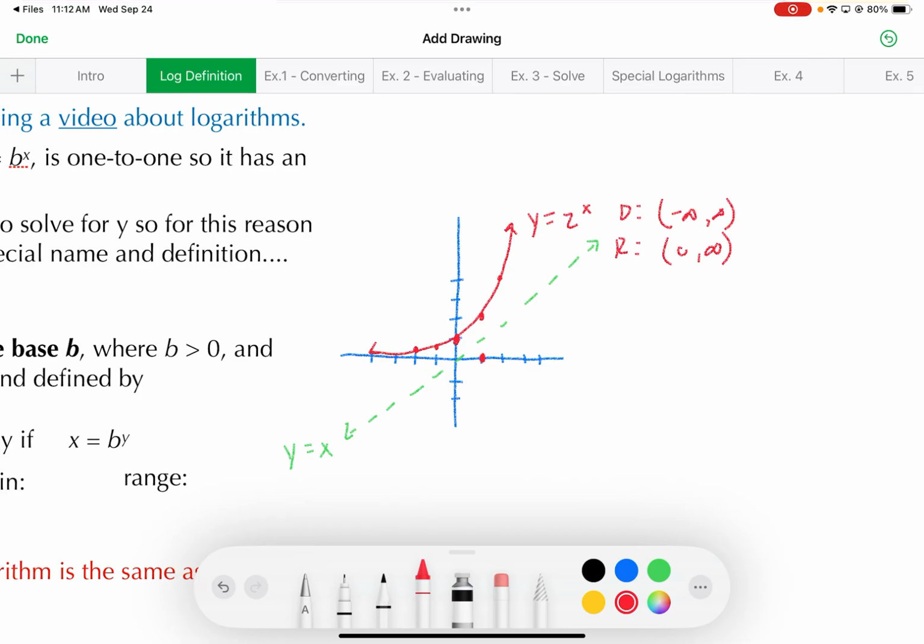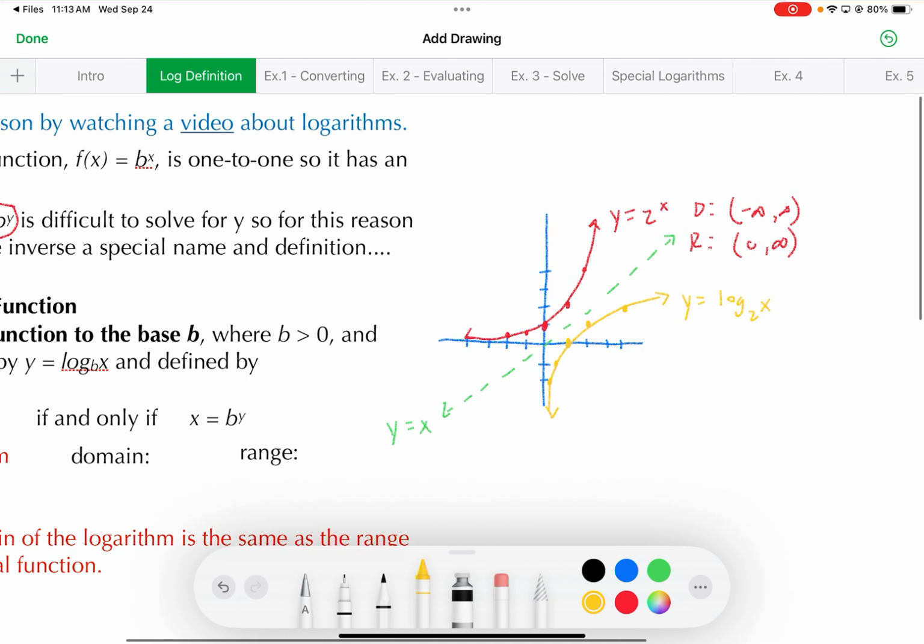Let's pick a different color, actually. (1, 2) becomes (2, 1). (2, 4) becomes (4, 2). (-1, 1/2) becomes (1/2, -1). (-2, 1/4) becomes (1/4, -2). There's the graph of our inverse. And we'll come to know that would have the equation y equals log base 2 of x.